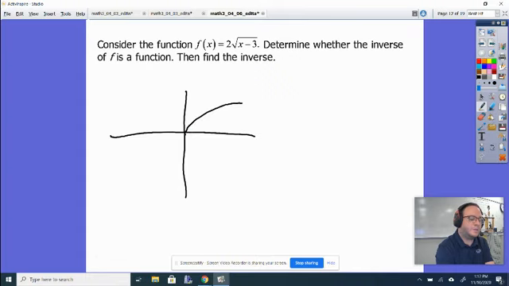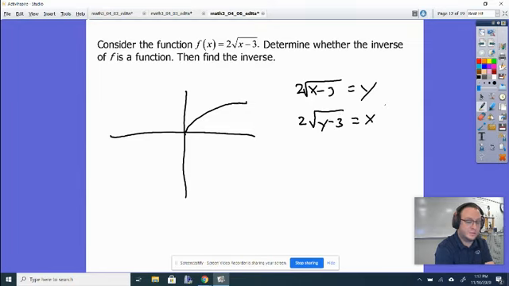So again, the original looks something like this. So we're going to do y equals 2 square root of x minus 3. Switch x and y. x equals 2 square root of y minus 3. Divide by 2, divide by 2. Square root of y minus 3 equals x over 2.